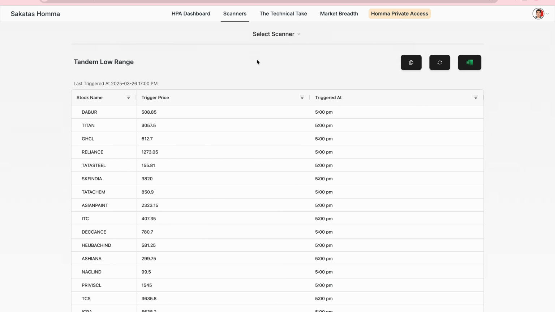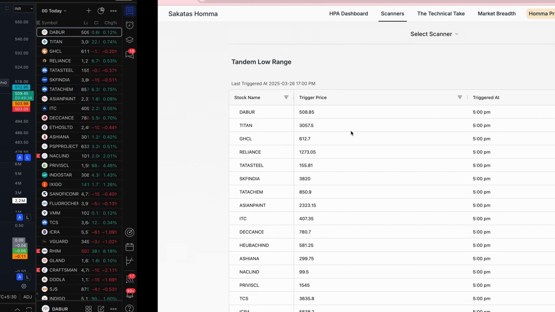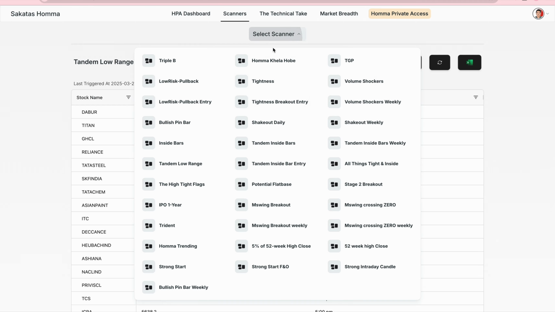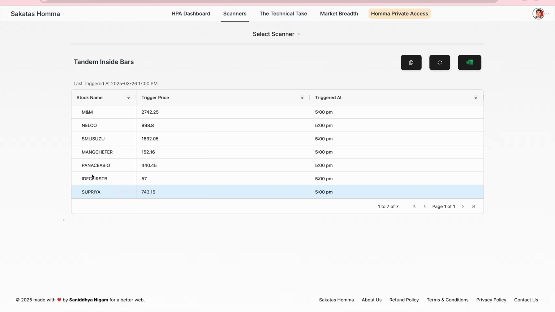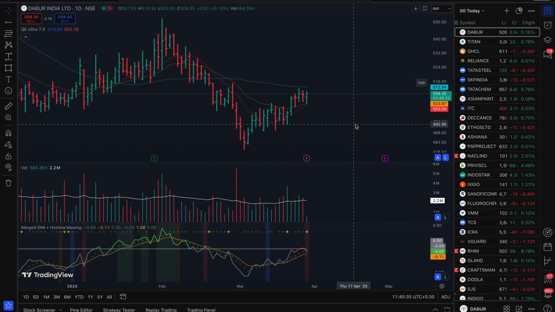I hope this explainer video on what the Tandem Low Range scanner on the website scans has been helpful to you, and not as a standalone. This can complement your Tandem Inside Bar setup. Like I said, SML, Sujan, Elco, all of these were Tandem Inside Bars yesterday.